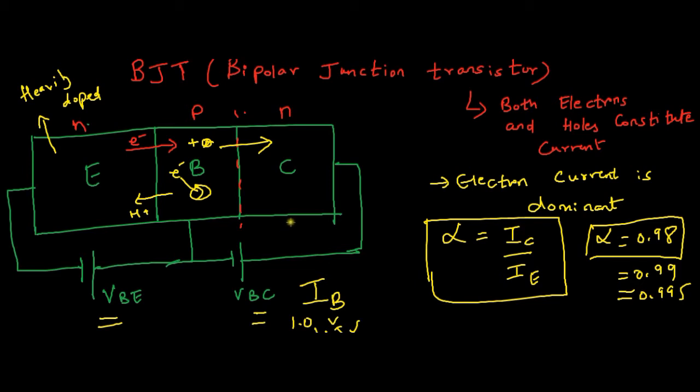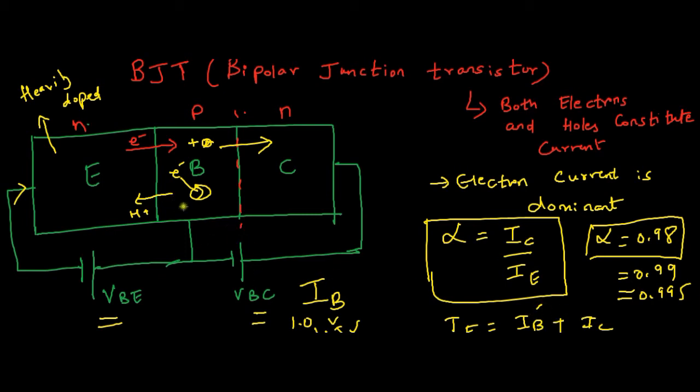Based on this fact, we can apply Kirchhoff's law on this node. As you can see, these are all nodes. So I can define that IE is equal to IB plus IC. What happens? Most of the electrons which flow from the emitter, a few are lost in the base, that is the base current.